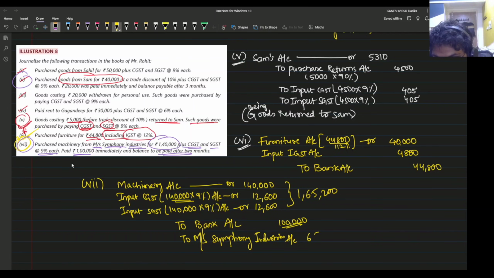So he is required to pay 65,200 more to the Symphony account. So what is the narration? Being machinery purchased from Mr. Symphony Industries and amount paid partly. I think this is an important illustration. You have to make it a star mark while you are practicing it.